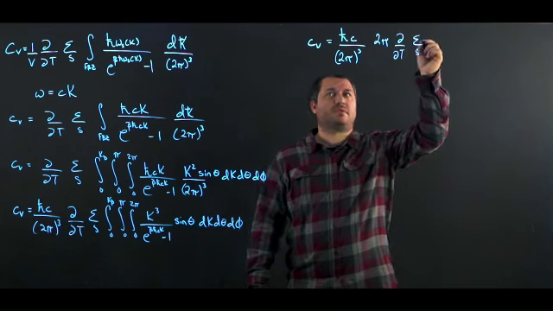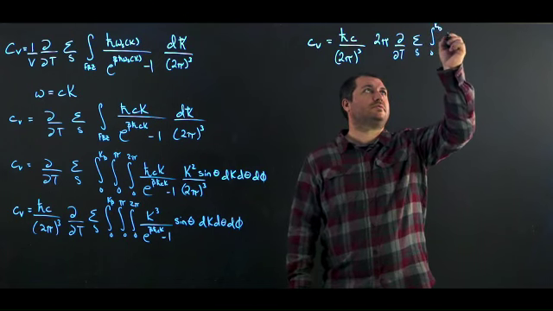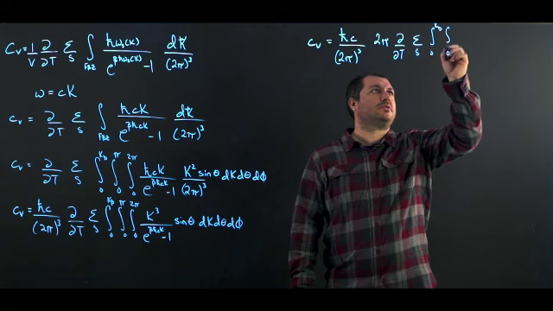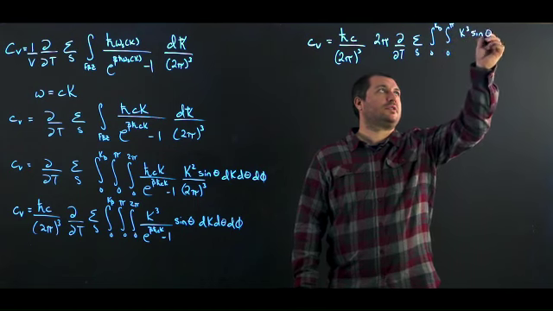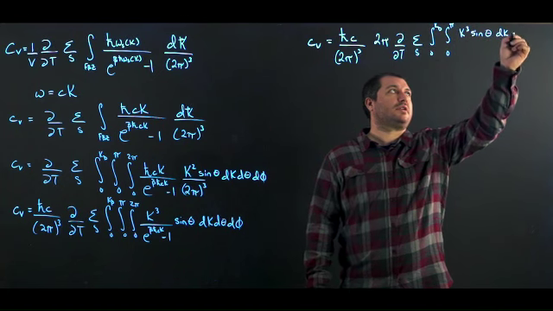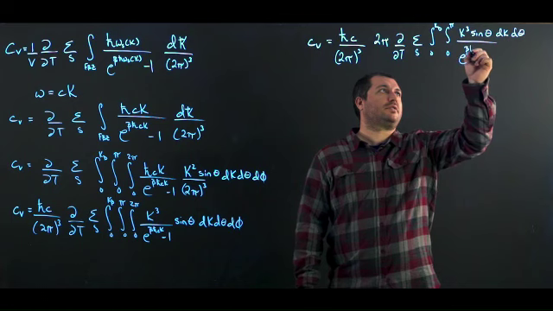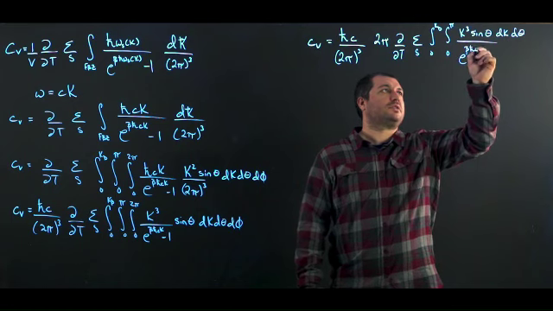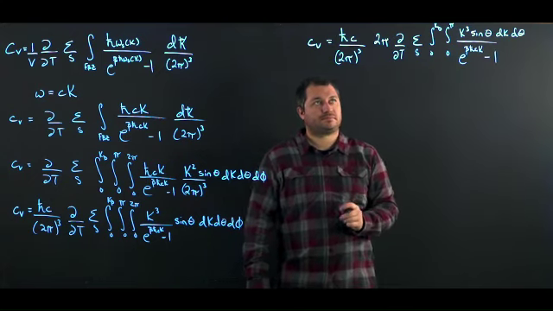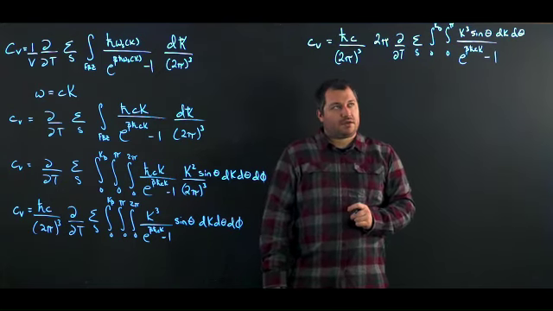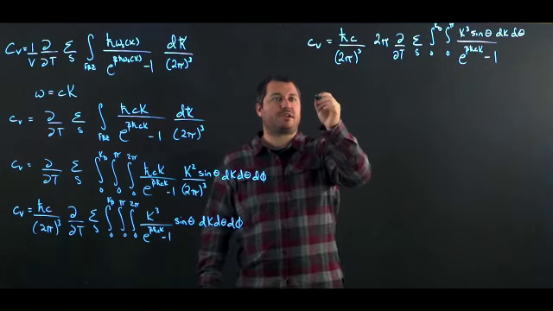And I'm going to have to put back in my partial, my sum, and my integrals now. 0 to kD, the integral from 0 to pi of k cubed sine theta dk d theta all over e to the beta h bar ck minus 1. Now I can see that I've got a 2 pi here and 2 pi cubed, so I can reduce that.